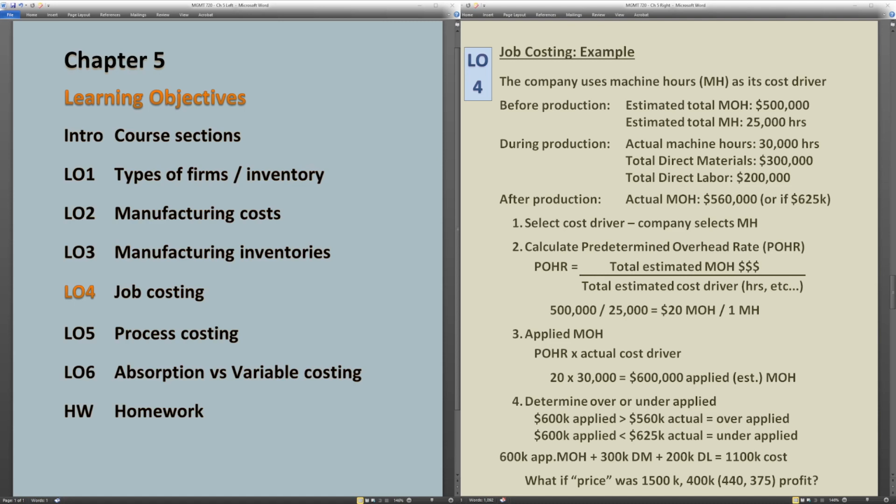In other words, when I under apply, I lose margin. I wanted to make 400,000 and I tried my best to do that based upon my estimate, but my estimate was low and therefore I basically charged too little. I should have charged 1.525 million.